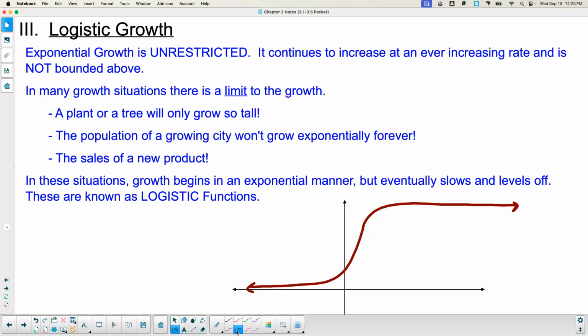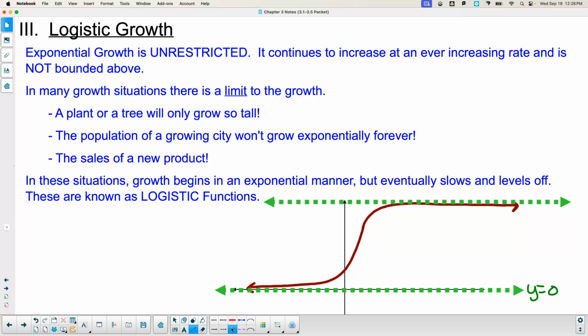There are two key parts to a logistic function. The first key part is all logistic functions have a horizontal asymptote at y equals 0. All of them. The other key part is they have a second horizontal asymptote, an upper bound, if you will, that we call the limit to growth.